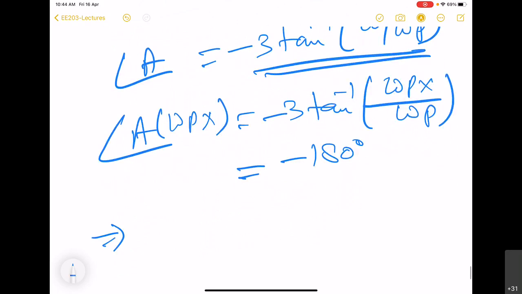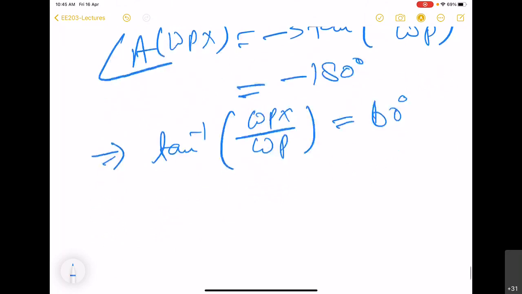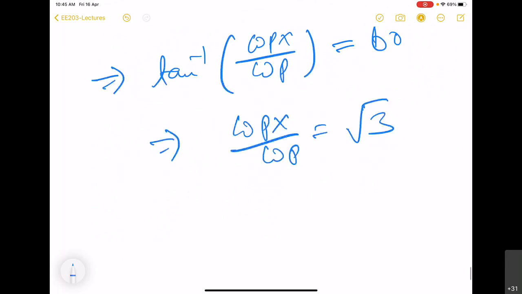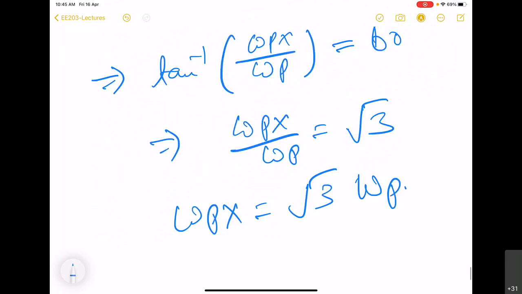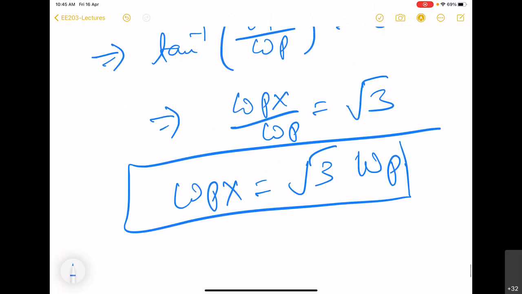So this implies tan inverse omega px by omega p is equal to 60 degrees, and if we solve this, omega px by omega p is equal to square root 3. So omega px is square root 3 into omega p. So this is the phase crossover point.